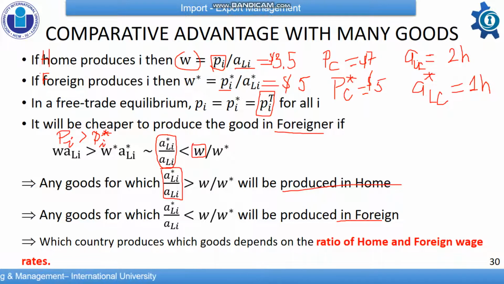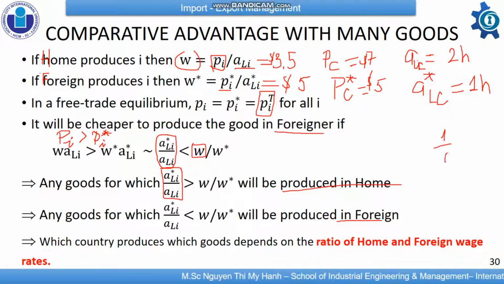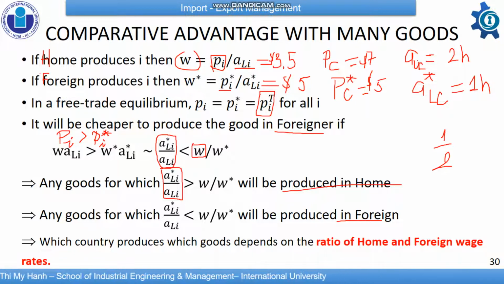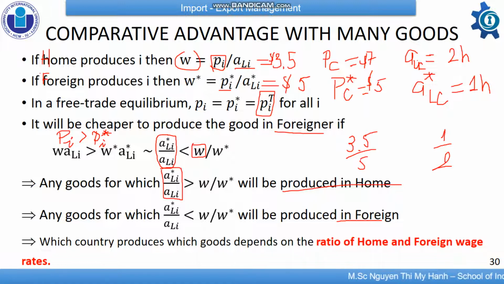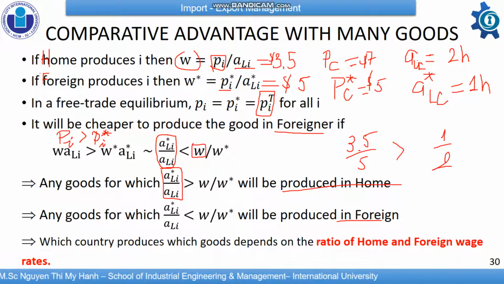Okay, so here we check the ratio a_LC star divided by a_LC. So we have 1 divided by 2. How about the wage? The wage ratio is 3.5 divided by 5. So this one is larger than this, right? 0.7 versus 0.5.